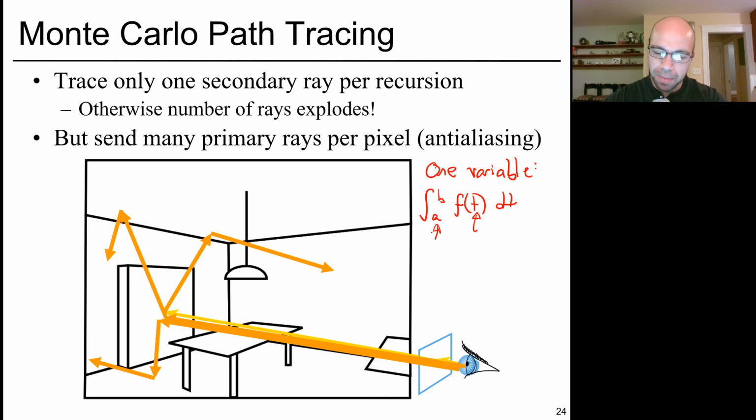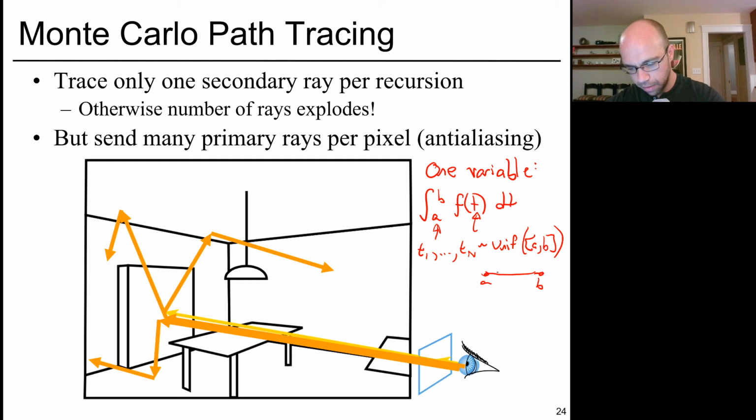That would be sort of the simplest thing to do: draw a bunch of random t's from the interval between a and b. This is like throwing darts, right? So here's a, here's b. Just draw a bunch of t's. And now I can take their values and add them all together.